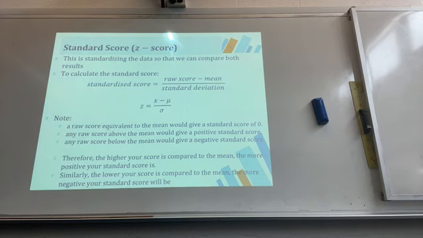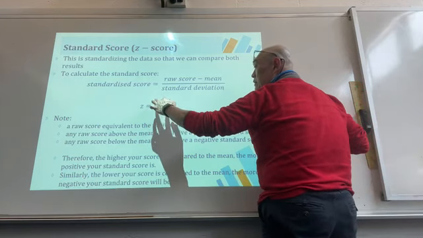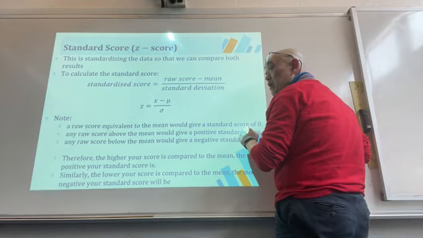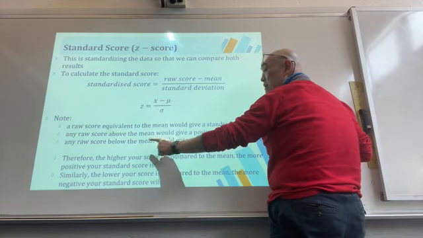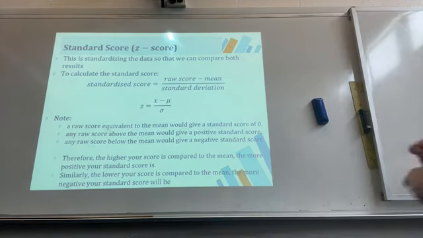Alright? So, if the raw score is equivalent to the mean, what happens? x equals mu, which means 0 divided by sigma, a standard score of 0. Alright? So if it is less than the mean, you're going to go negative.